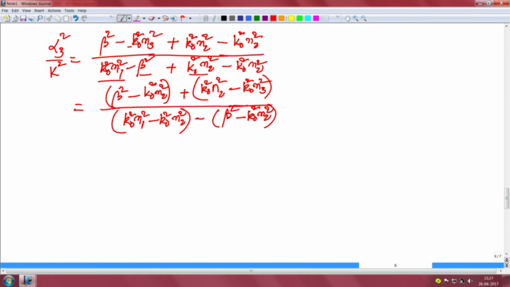Now, we can once again divide by k0 square n1 square minus k0 square n2 square and reduce. So, let me write afresh. This is beta square minus k0 square n2 square divided by k0 square n1 square minus k0 square n2 square. I am dividing numerator as well as denominator by k0 square n1 square minus k0 square n2 square.